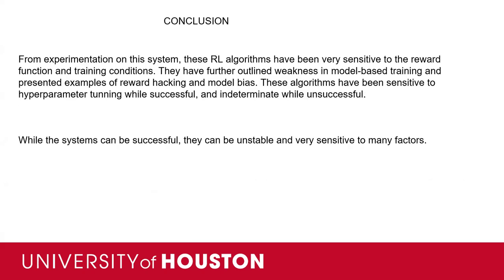In conclusion, from experimenting on this system, these algorithms are very sensitive to the reward function and very sensitive to the training conditions. They have outlined weaknesses in model-based training and presented examples of reward hacking and model bias. While successful, the successful algorithms have been sensitive to hyperparameter tuning, the DDPG, and while unsuccessful, it's been indeterminate.